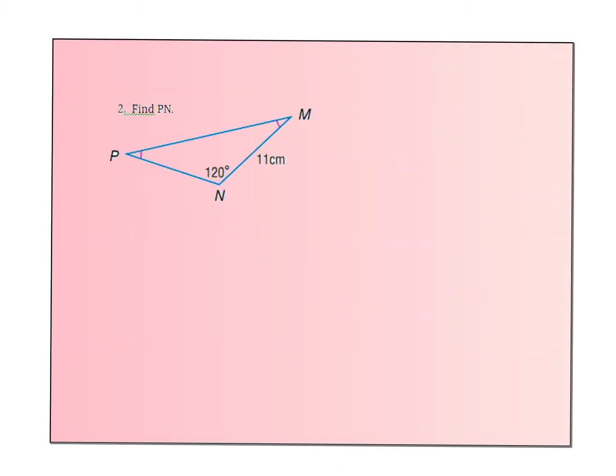Okay, so here you are told, notice, P and M are congruent. So I can say angle P is congruent to angle M. That means those two sides are congruent. They're looking for PN, this length right here.